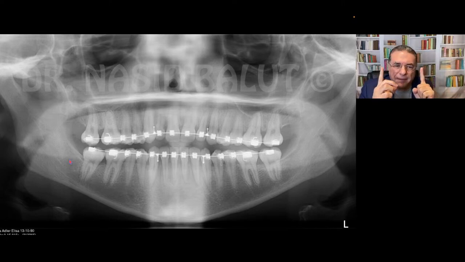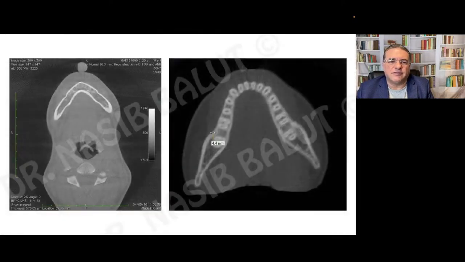This is the amount that we can distalize. In this patient, we don't need to distalize that much. So if I gain 2.5 millimeters of distalization of the lower left quadrant, it will be more than enough.